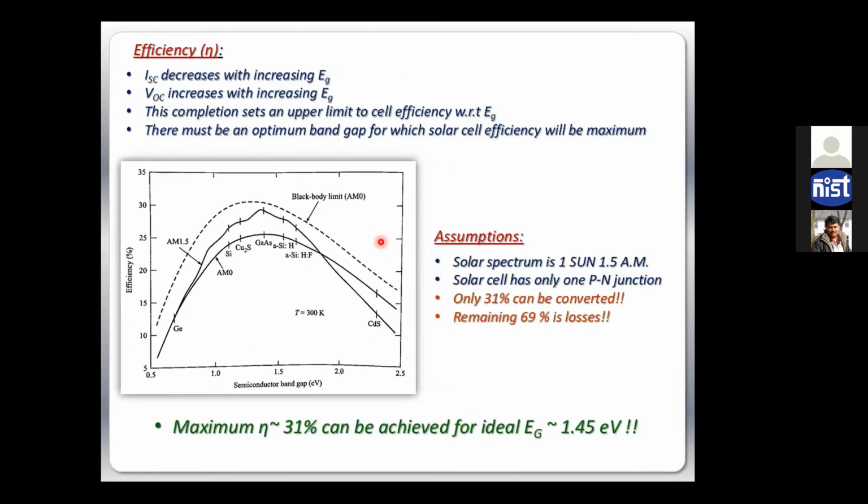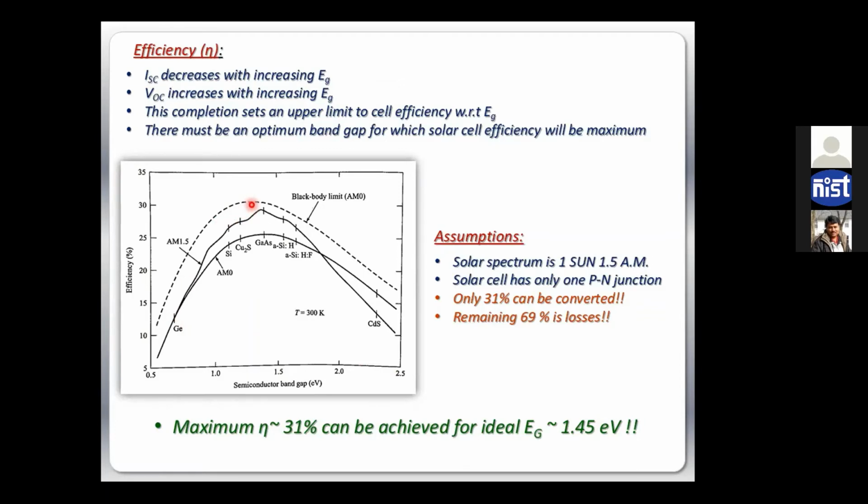Now, what happens in the efficiency? We have that the JSC or ISC, that is photocurrent, decreases with increasing EG, and VOC increases with it, right? So if I now plot the overall efficiency versus the band gap of the material, there is a competition going on, and that competition will set a peak for this feature, right?